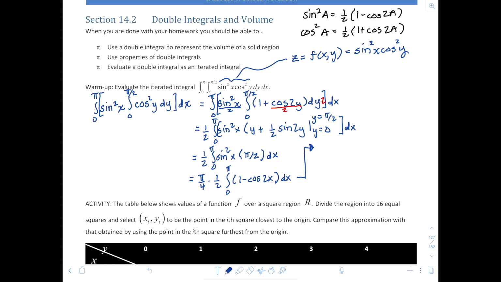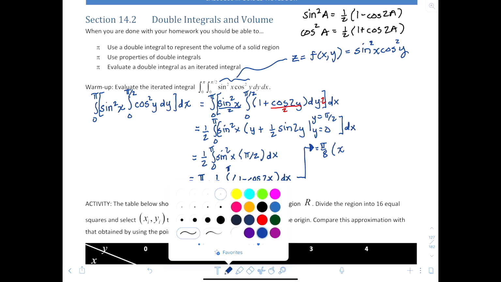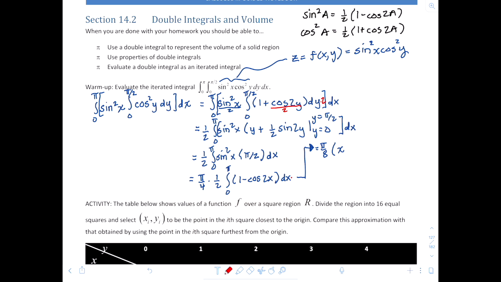This will give us pi over 8 times x. Again, we're going to have to adjust. We need a 2 dx to do our integration just for this part, so I'll divide by 2.